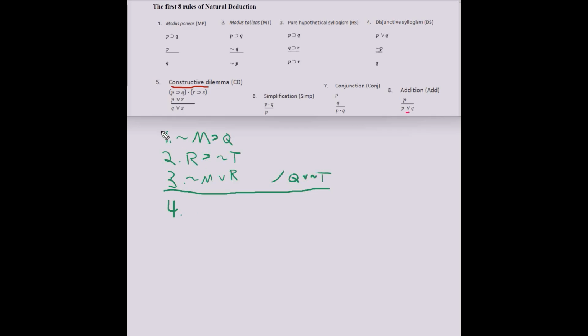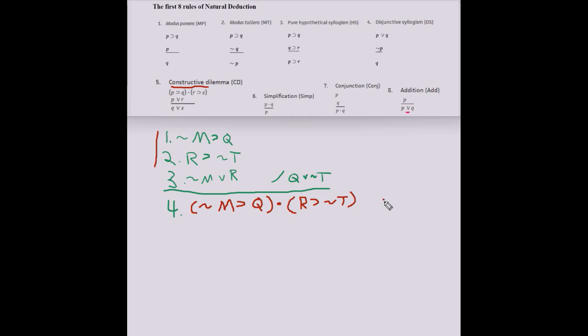So I can just take lines 1 and 2 and add them together. So I have not M, and if not M is true, then Q. And I also have if R, then not T is true.